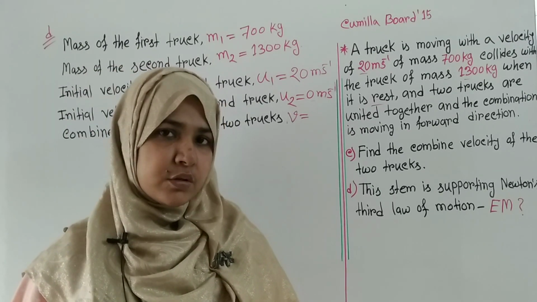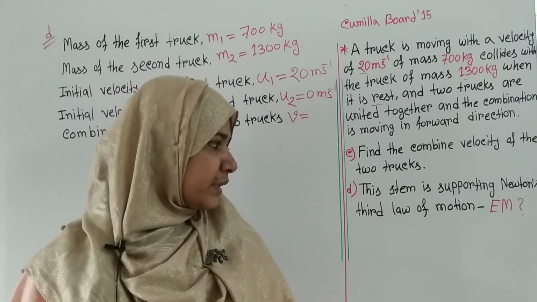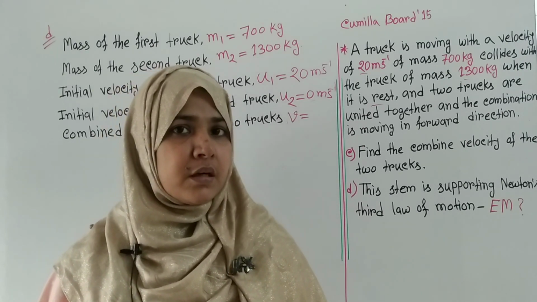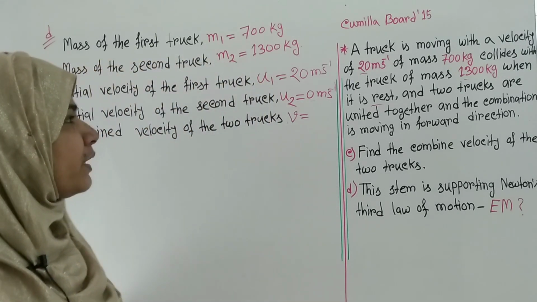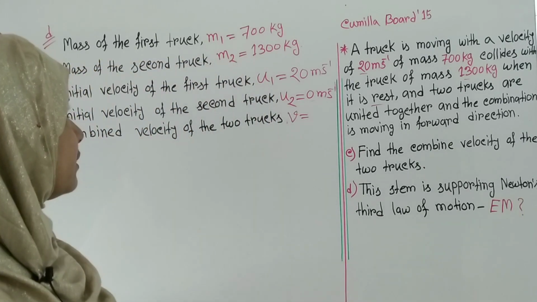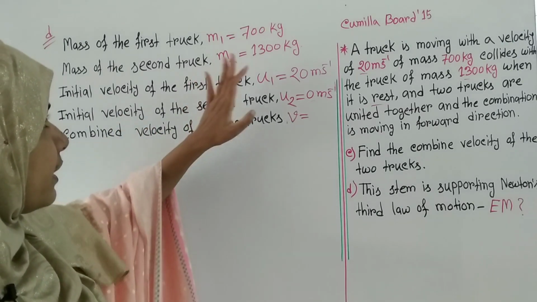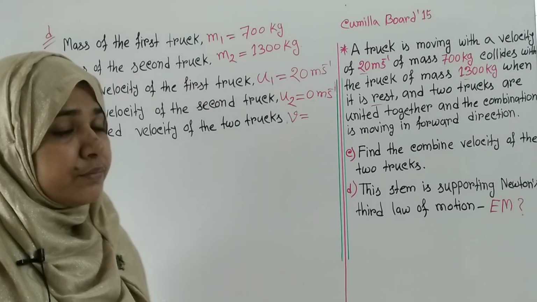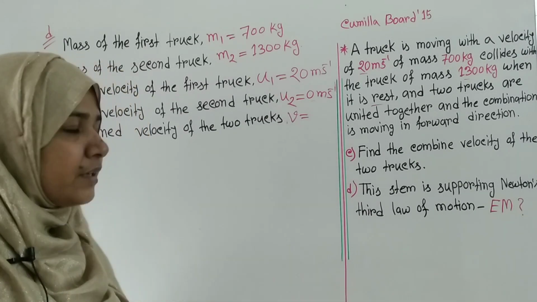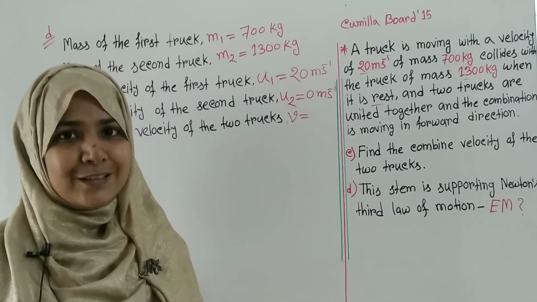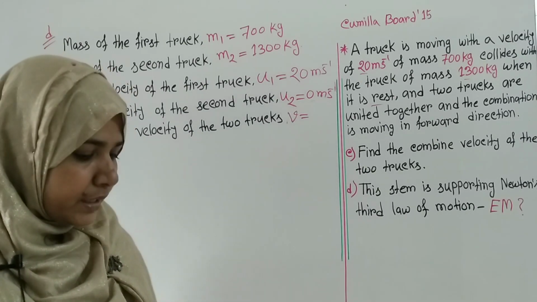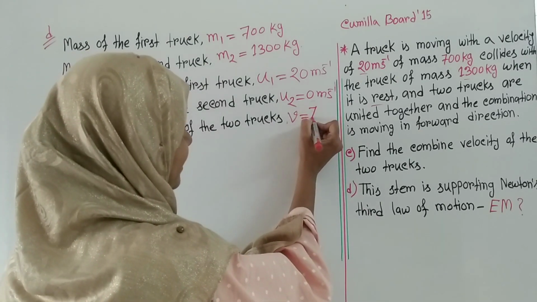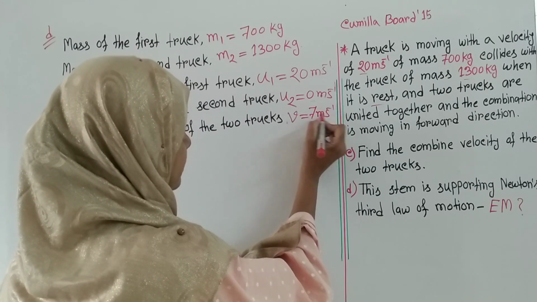Question D. The question is, this system is supporting Newton's third law of motion. Explain mathematically. Students, to solve this question, we have already got the given information: the mass of the first truck is 700 kg, the mass of the second truck is 1300 kg, the initial velocity of the first truck is 20 meters per second and the initial velocity of the second truck is 0 meters per second. And from C, we got the combined velocity, the value of V is 7 meters per second.